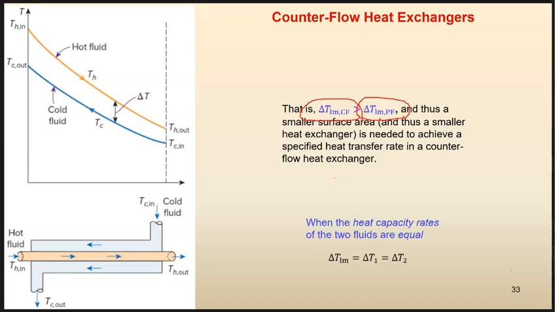So we try to make heat exchangers counterflow, no matter what form of heat exchangers we have. Because as I said, the shape of them can be more complicated than this, and they are.